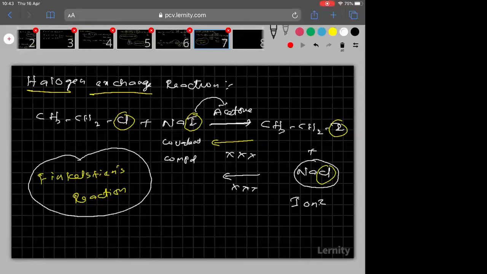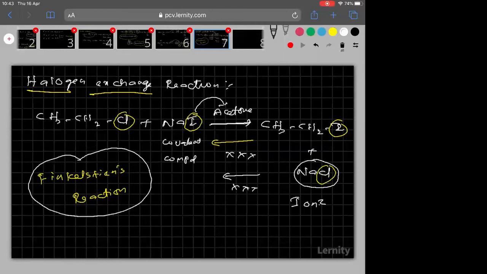I hope you understood why the reaction is not going in the backward direction. Students are asking to repeat once again. Yes, let me repeat this reaction. This is chloroethane reacting with sodium iodide in presence of acetone. The name itself indicates halogen exchange, so exchange chlorine with iodine.